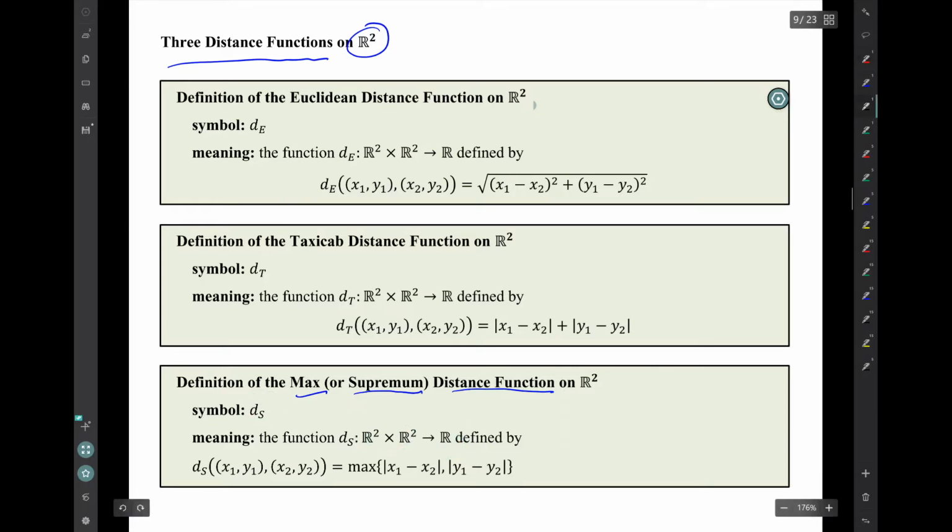It works this way. To find the distance between these 2 points, you compute the absolute value of x1 minus x2, and the absolute value of y1 minus y2, and then you take the max of those two numbers.